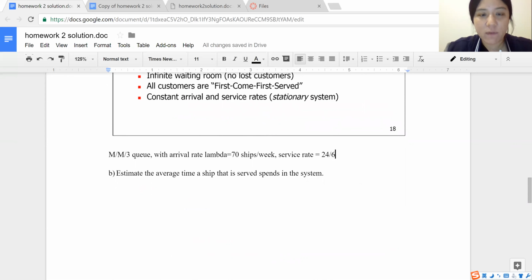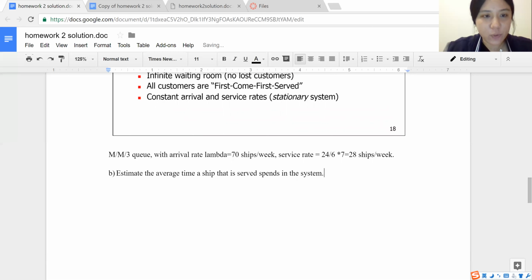Since our arrival rate is in ships per week, we multiply by 7, and we get 28 ships per week. And this is our service rate.